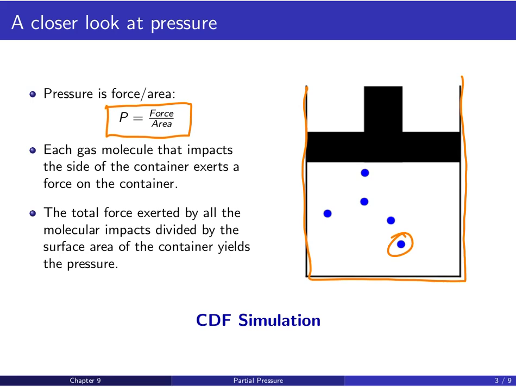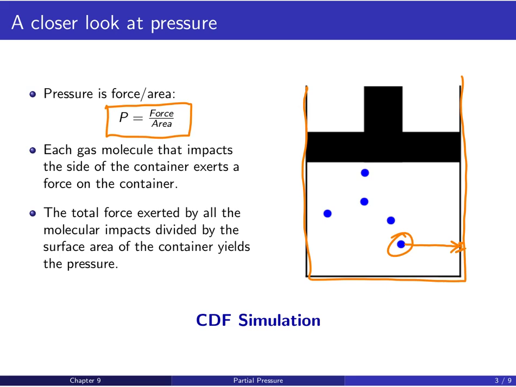Each gas molecule that impacts the side of the container exerts a pressure, because there is a force from that impact and a surface area of the container's side over which that force is applied.